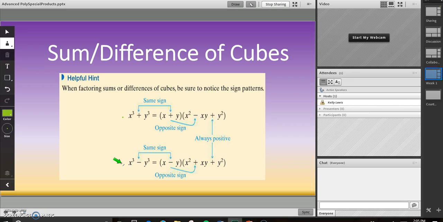So first number cubed plus second number cubed, you take the first number plus the second number, then the first number squared minus the two numbers multiplied, plus the second number squared. Or if there was a subtraction sign, you do the first number minus the second number, first number squared plus the two numbers multiplied together, plus the second one squared. I'm going to write them down because sometimes I'll forget them.